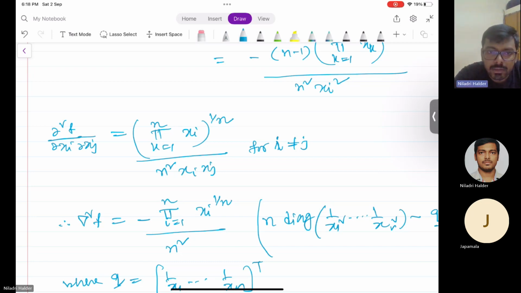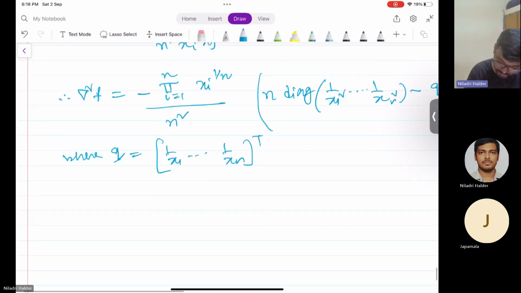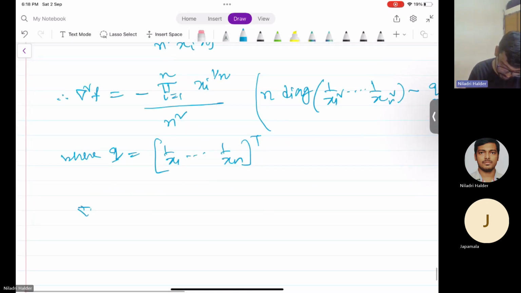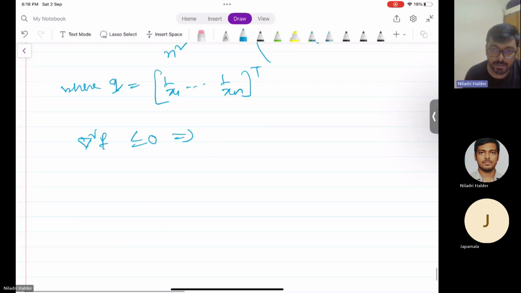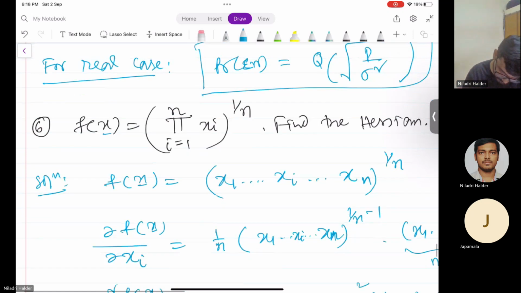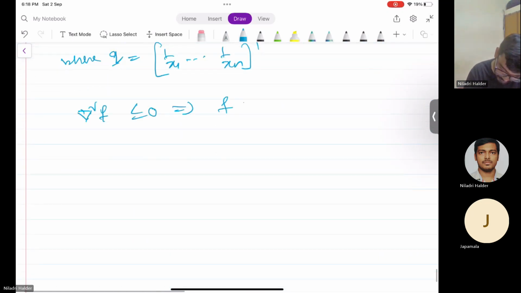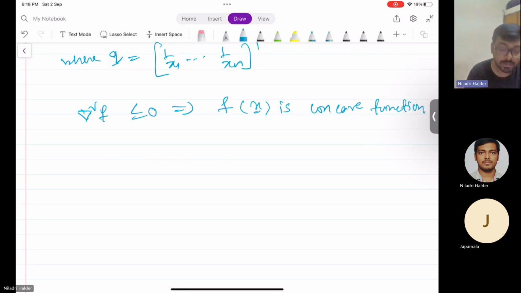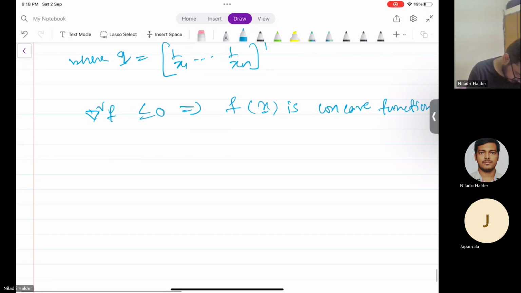Okay, yeah, and then this is less than or equal to zero. You can check it. So this gives that f(x) is a concave function.